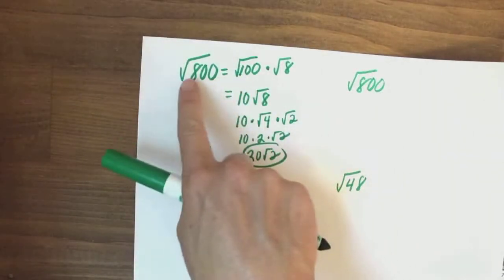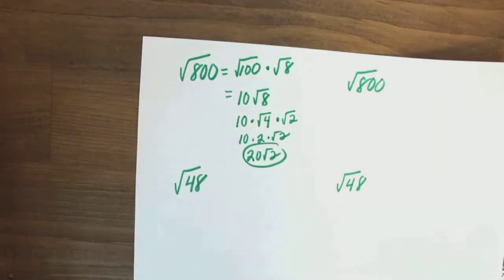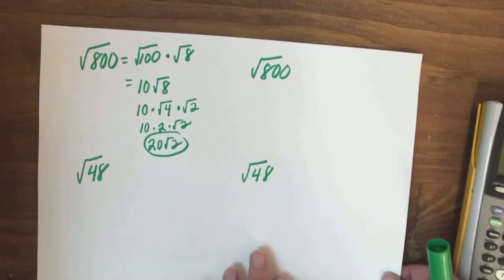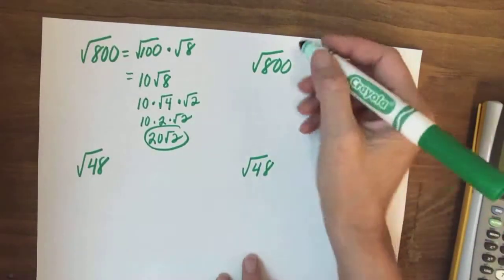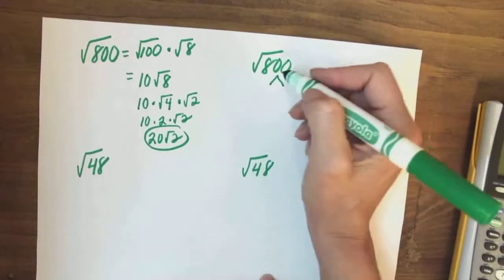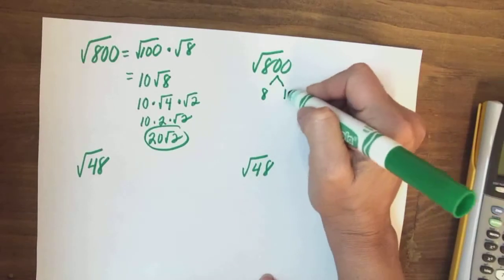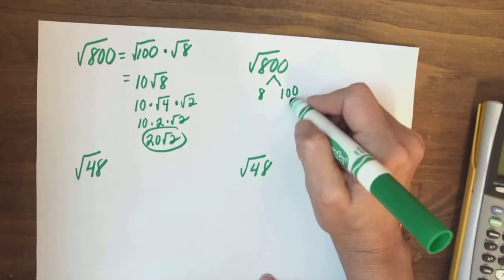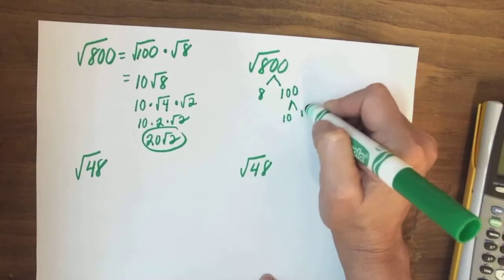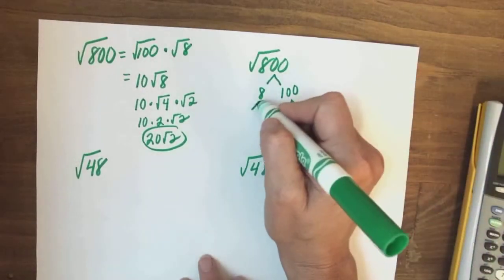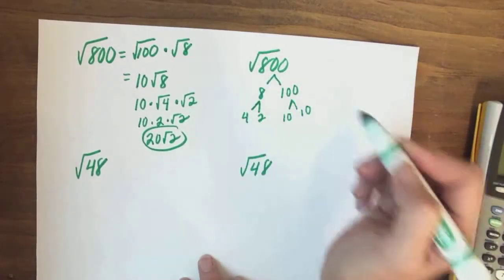So you want to do your best and try to come up with the biggest perfect square that goes into it. But again, if you like to make a factor tree, then maybe you would have done, let's say, 8 and 100. You could break 100 up into 10 and 10. You could break 8 up into 4 and 2.